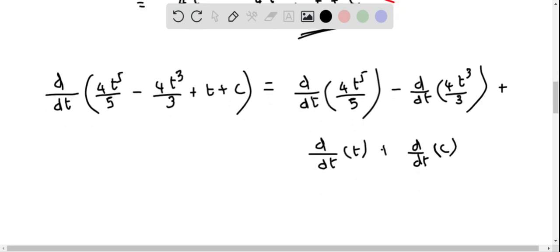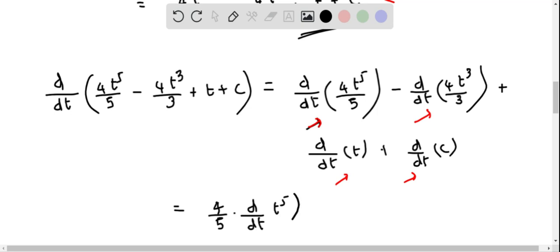So let's differentiate each term now. We're going to differentiate all four terms. For the first term we have 4 by 5 t power 5, which means I can factor out the 4 by 5 and then differentiate only the t power 5.